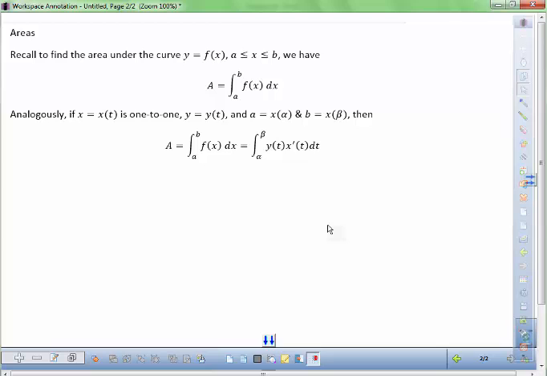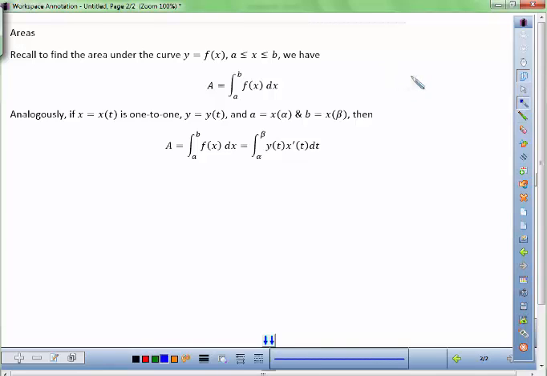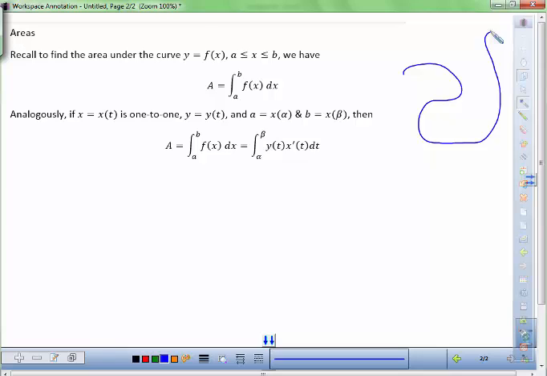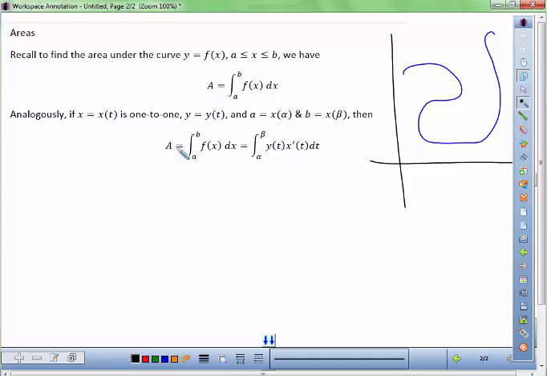So basically what happens is that you've got f of x dx, and what we're hoping, you know how parametric curves allow us to draw curves that might not pass the vertical line test of a regular function. So what we're going to assume is that on an xy plane, we're only going to look at a piece of the curve that passes a vertical line test.